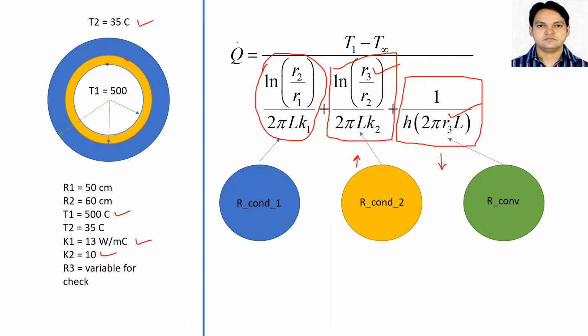And what will be the sole effect on the total resistance? So we will check the effect of R3, which will increase R conduction 2 and decrease R convection, for different values of R3, and see the effect on the total heat transfer rate.